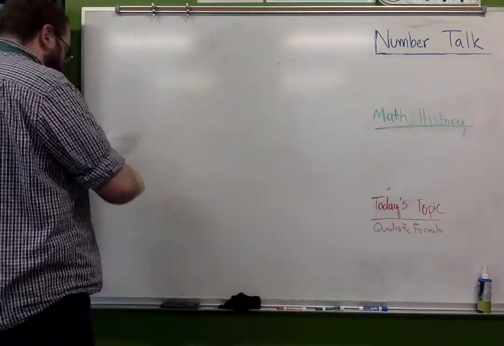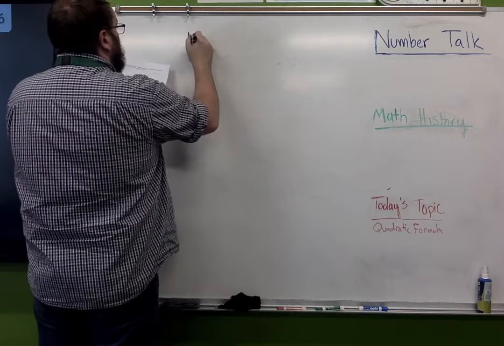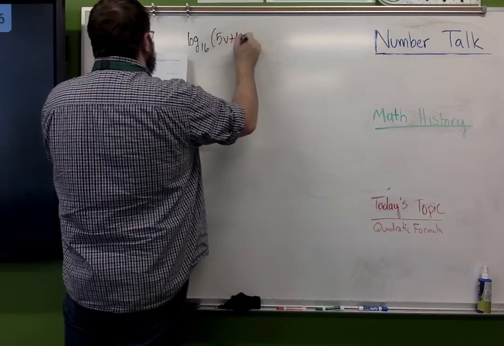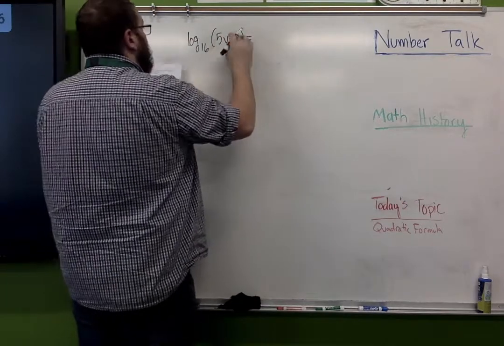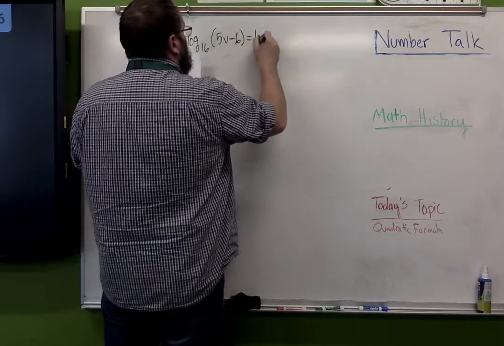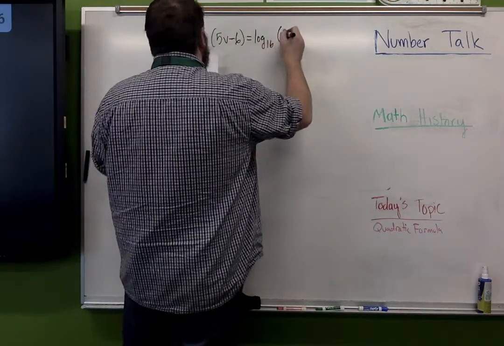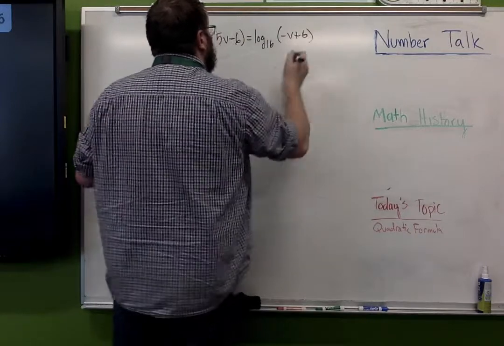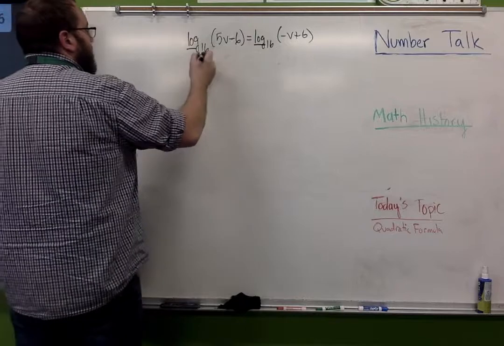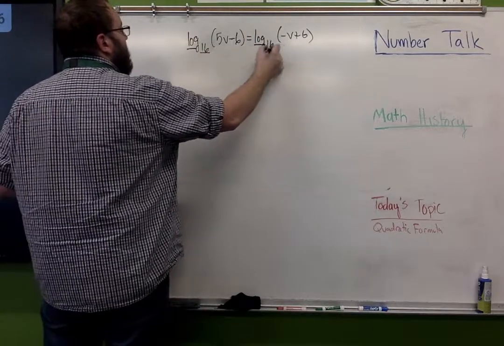Okay, let's see. Log base 16 of 5v minus 6 is equal to log base 16 of negative v plus 6. Okay, we're taking a log of both sides, so that's equal. The function's the same, the base of the function is the same.